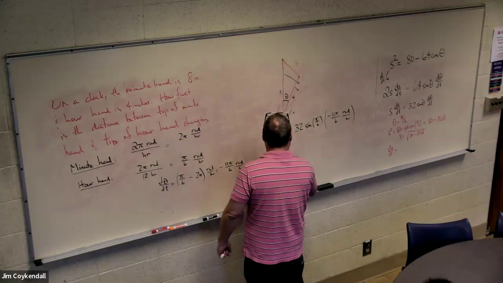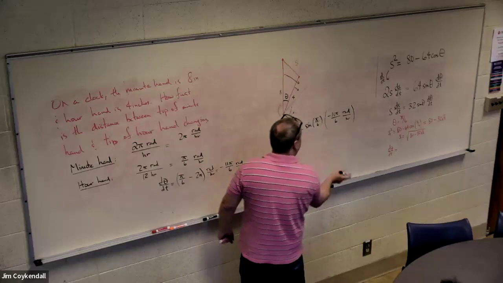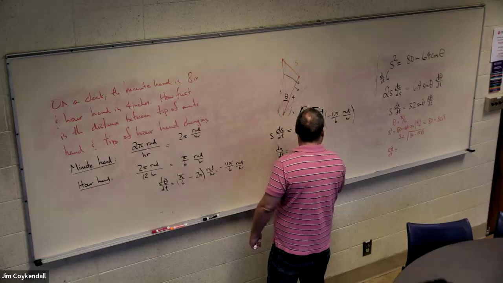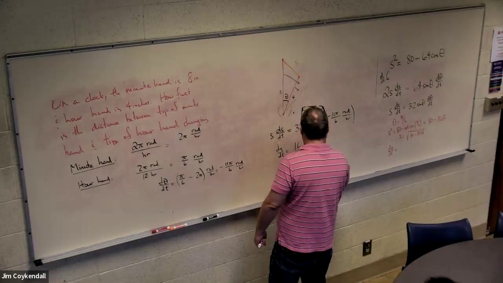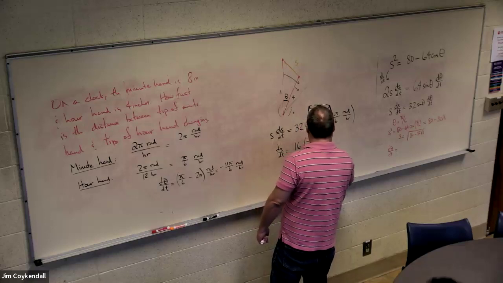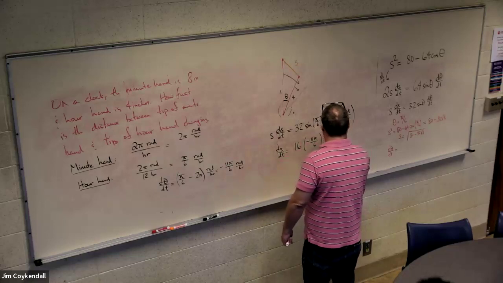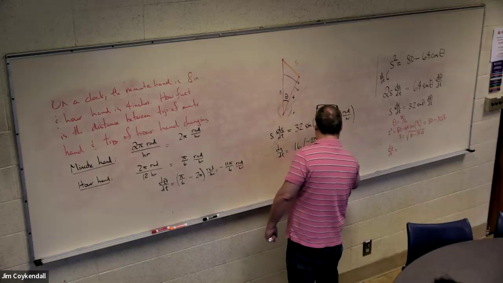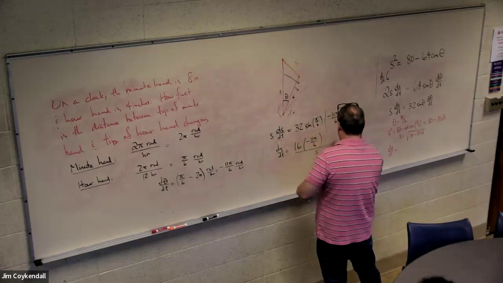So dS dt, the change in distance, is, since sine of pi over 6 is 1 half, 16 times minus 11 pi over 6.